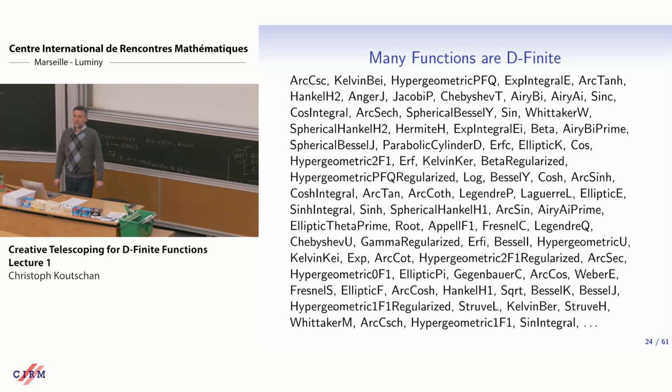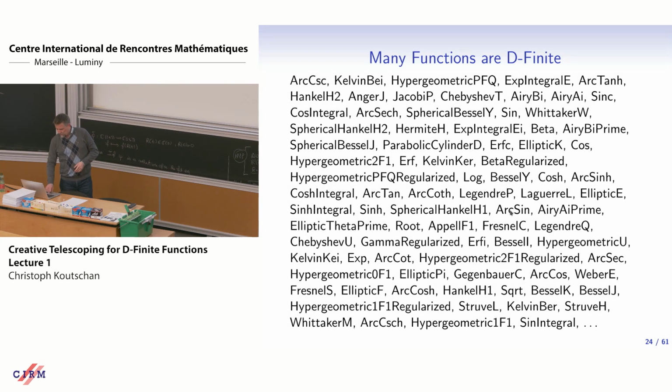Okay, here's a list of D-finite functions. Of course, it's not complete, but somehow these are the most popular ones, let's say. So what do we see here? Cosine we know, cosine, hyperbolic cosine. Then here inverse sine, algebraic functions. And then there's this whole zoo of special functions, orthogonal polynomials and so on.